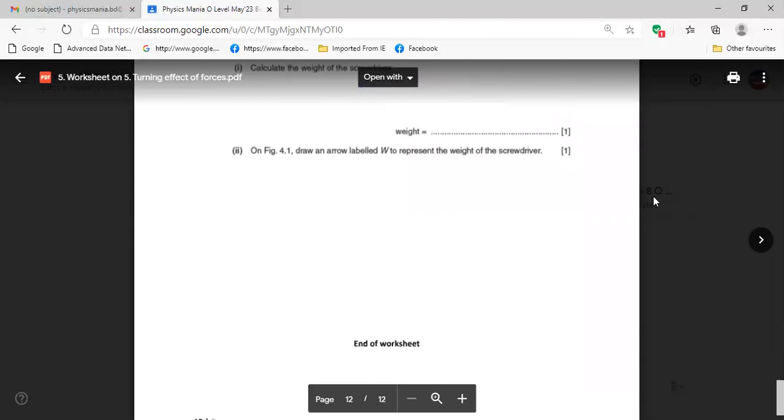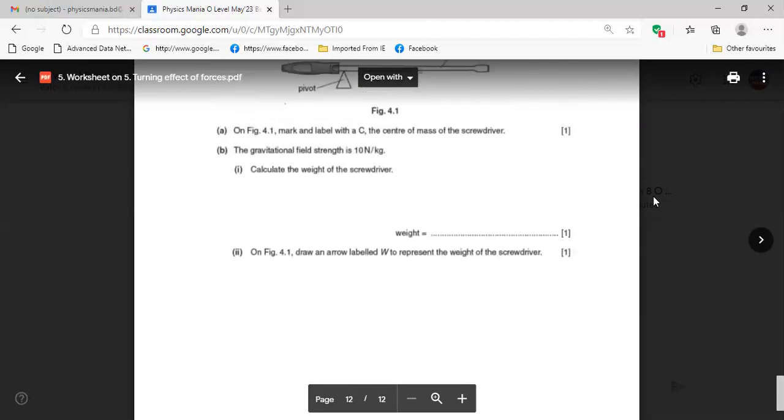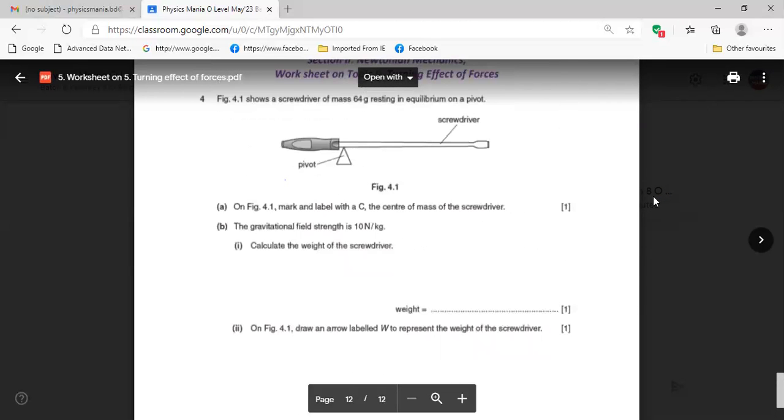On figure 4.1, draw an arrow labeled W to represent the weight of the screwdriver. So where will the W be? You have to draw the arrow.